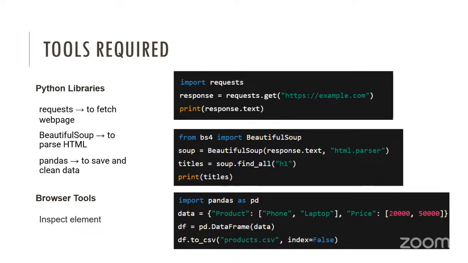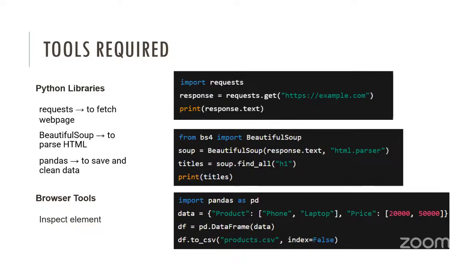Apart from the Python libraries, we also need one browser tool, that is Inspect Element. When you open a website in Chrome or any browser, you can right click on the page and select Inspect, which shows the HTML code of that web page. Using this tool, we can find out which tag contains the data we want.